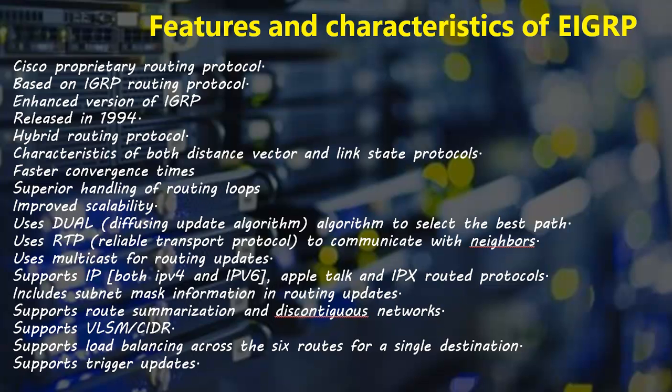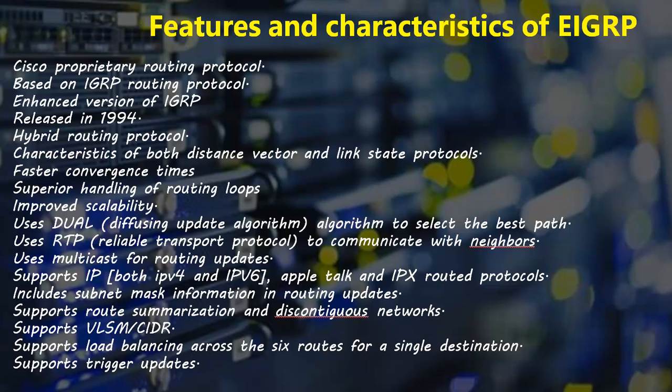improved scalability. That means if you are increasing the number of routers, it will support that very effectively. Also, the EIGRP routing protocol uses DUAL, the diffusing update algorithm, to select the best path. EIGRP uses RTP, the reliable transport protocol, to communicate between neighbors, and also EIGRP uses the multicast concept.